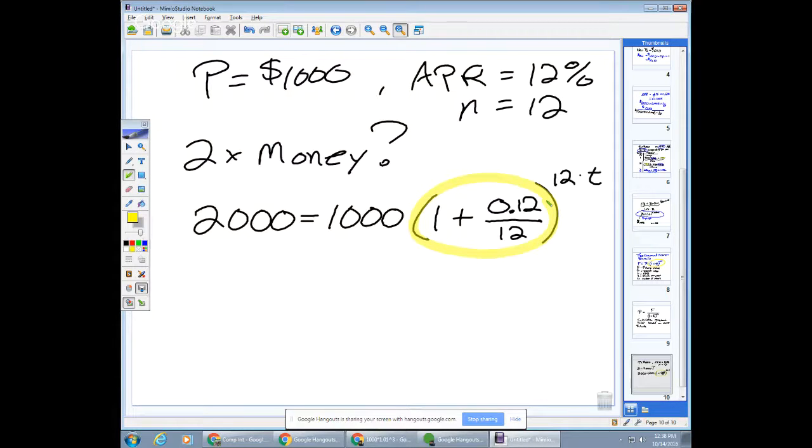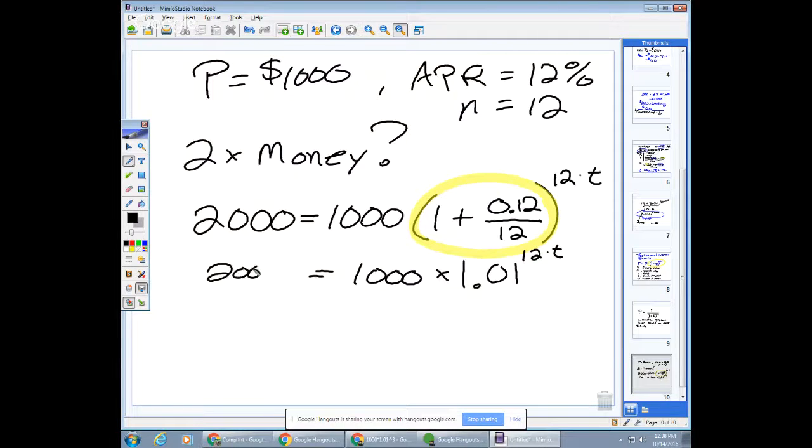That gave us 0.01. So we know the inside of the parentheses simplifies down to 1.01. It's stuck to the power 12 times however many years go by. There's still 1,000 out front, and I still have 2,000 on the other side.